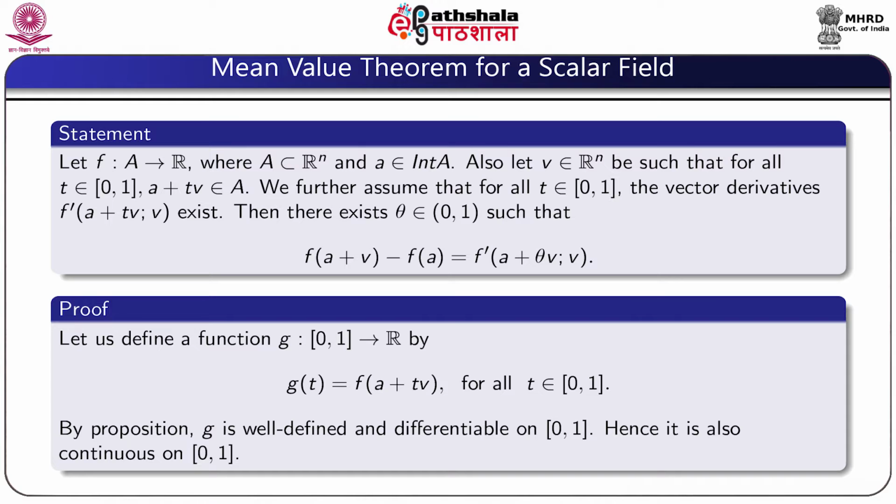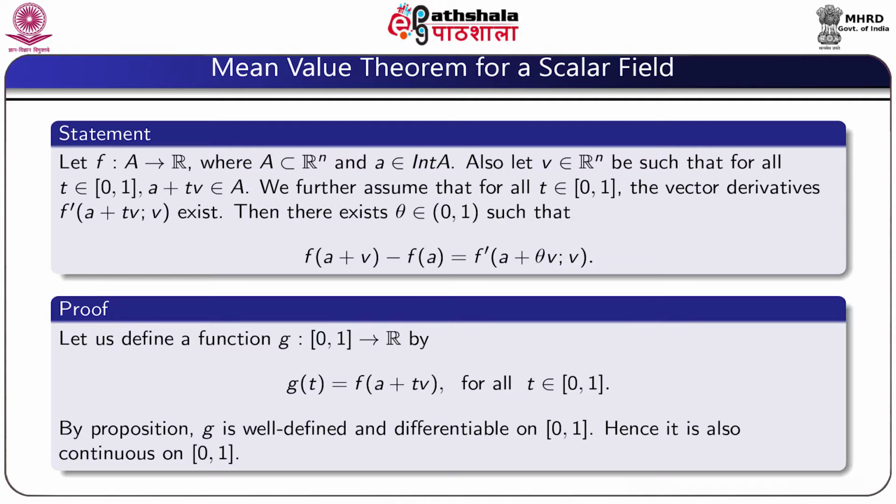Then there exists at least one θ in the open interval (0, 1) such that we can express f(a + v) − f(a) equal to f′(a + θv; v). That is, the ordinary derivative in the result of single variable calculus is replaced here by a vector derivative.